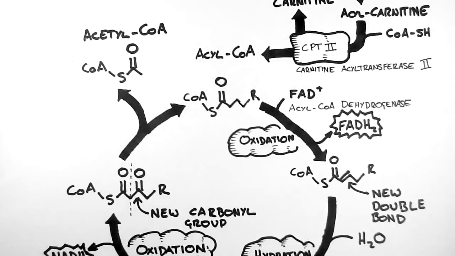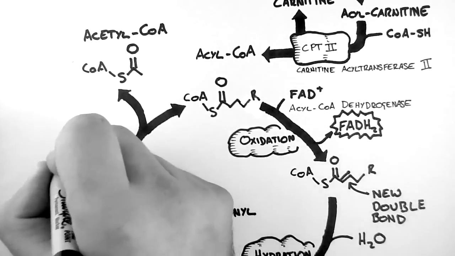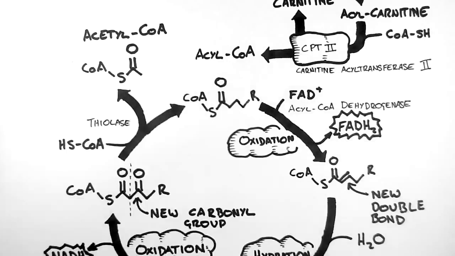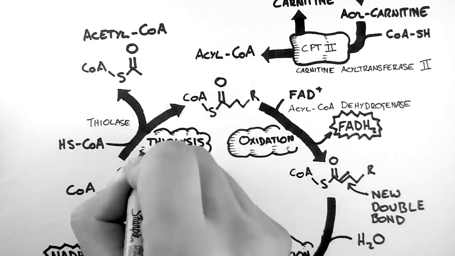Now all we have to do is whack a new coenzyme A molecule on the end of the stuff to the right of the dashed line, and we have an acyl-CoA ready to go around the cycle again, but this time with 2 fewer carbons. The enzyme that does all this is called thiolase, and this process is therefore called thiolysis.